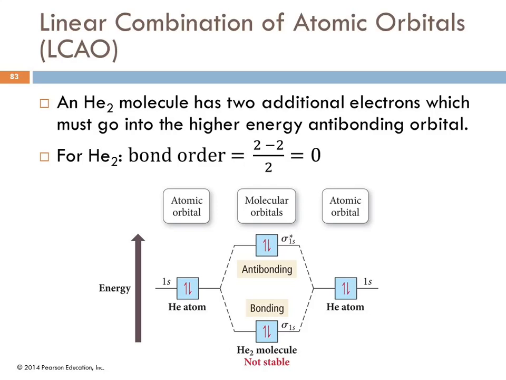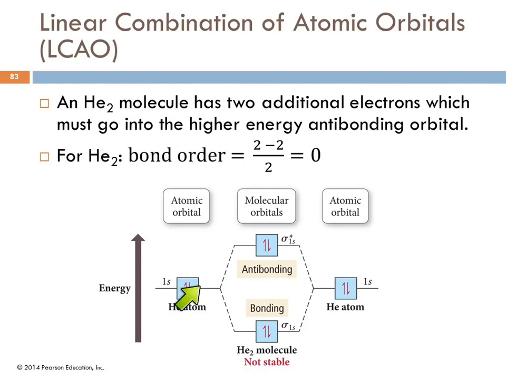So let's look at He2. Does He2 exist? No. Helium is not one of those diatomic molecules, is it? But let's see what would happen if we made this. So here's a helium atom, and here's a helium atom. Each helium atom has 2 valence electrons, right? In the 1s orbital.